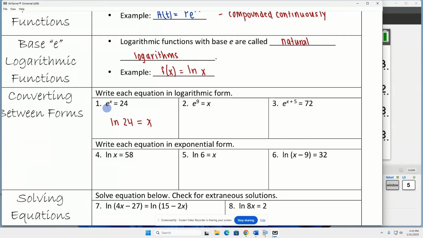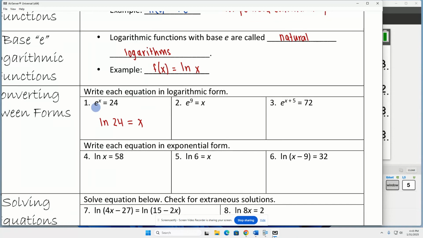So here's what I want you guys to understand. When I see a base E exponent and it wants me to write it in logarithmic form, I know I'm using ln. I still do the loop. ln of what? ln of x equals what? 9. See, I'm still doing the same loop we did in the previous lessons.